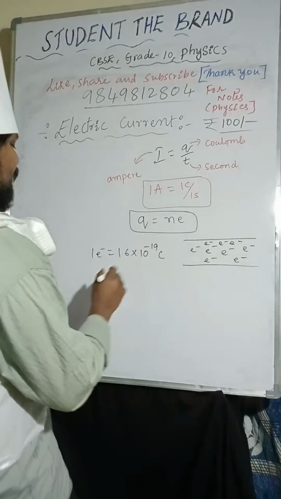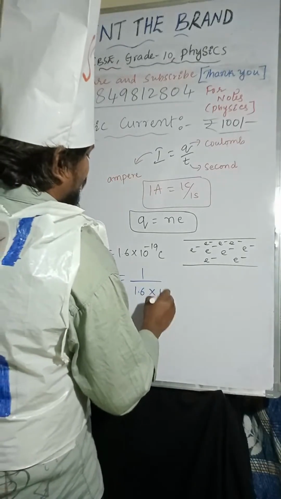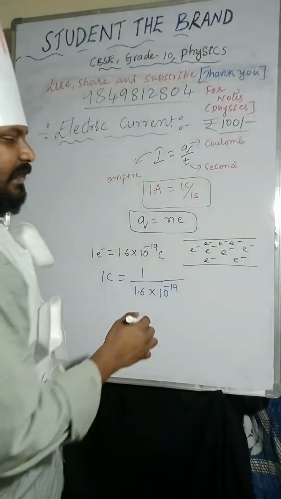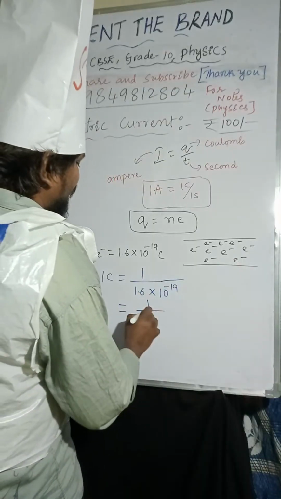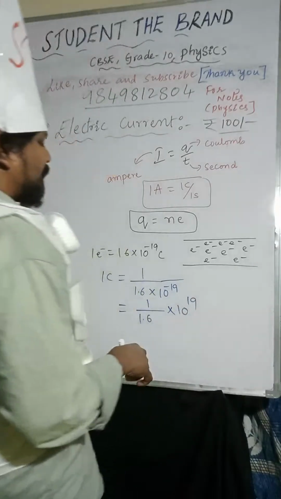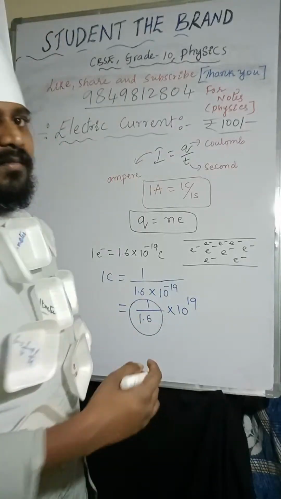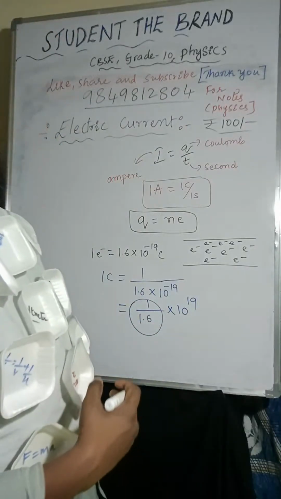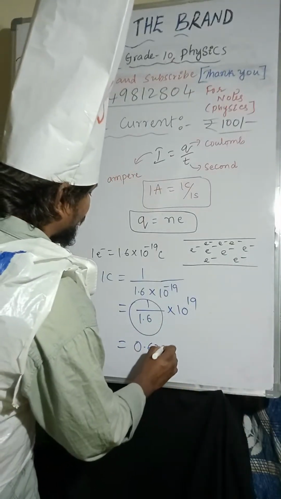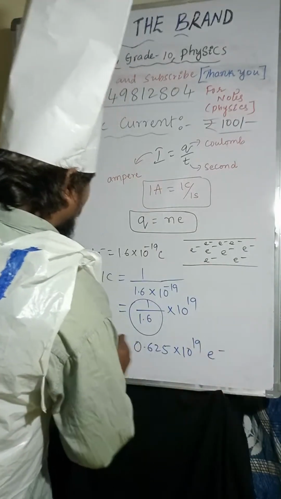In 1 coulomb, how many electrons? 1 by 1.6 into 10 power minus 19, which can be written as 1 by 1.6 into 10 power 19. If you solve this, we get 0.625 into 10 power 19 electrons in 1 coulomb.